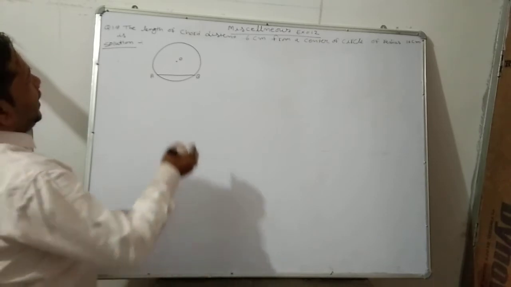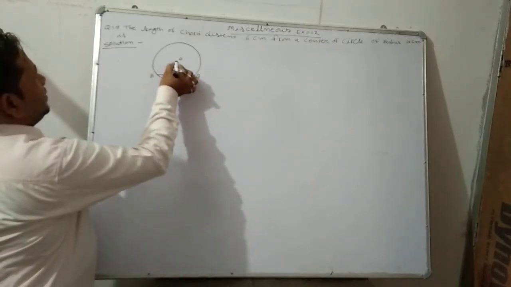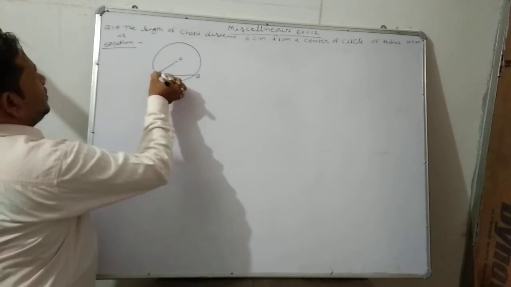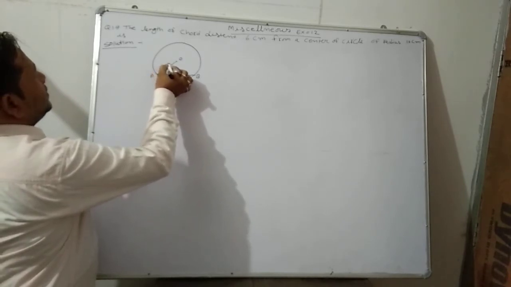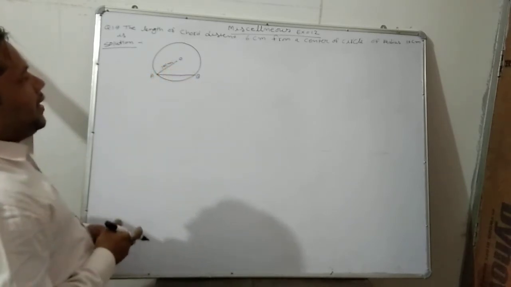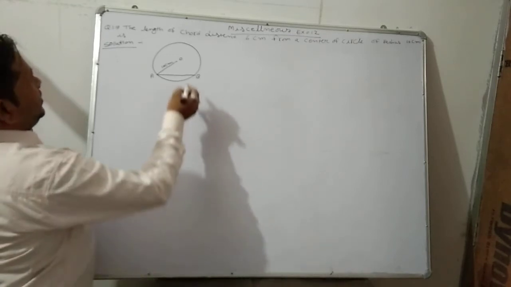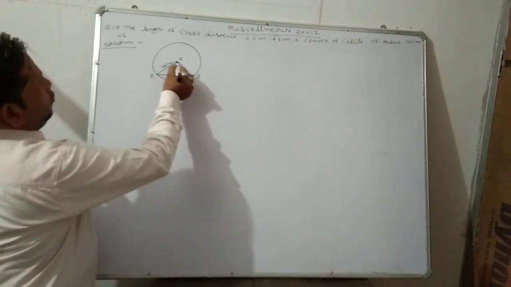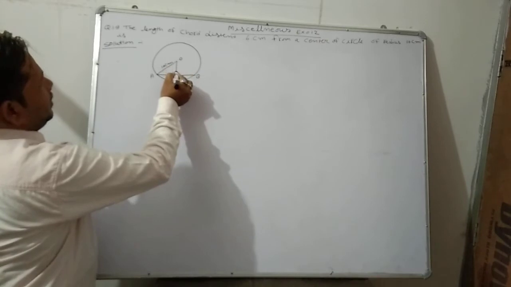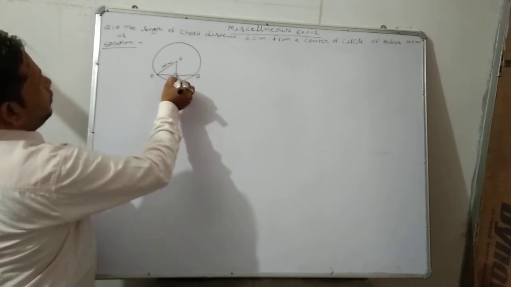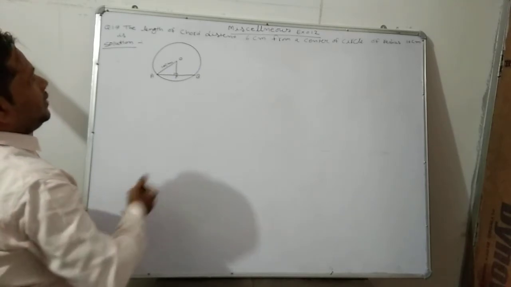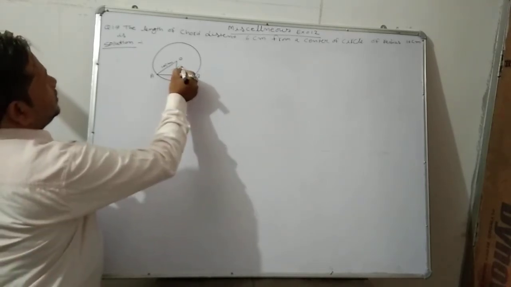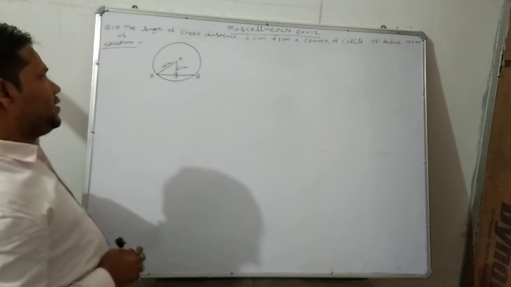Its radius is 10 centimeter and the distance of chord AB from the center is OP, and this OP is 6 centimeter.